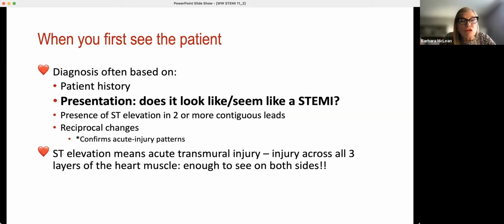So when you first see a patient, you think about two really big things, right? What's the patient's history? And the patient is going to define that for you. And when you're looking at them, does it seem, and this is very subjective, like this is a cardiac presentation, reminding ourselves about diabetics who present differently than non-diabetics, African Americans who present differently than Caucasians, women who present differently than men.